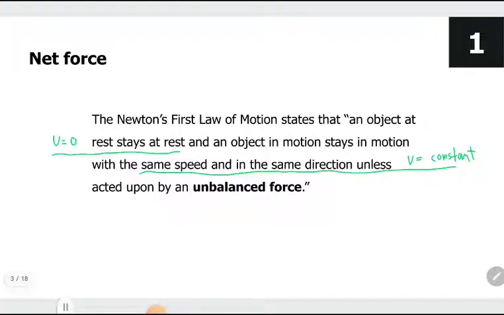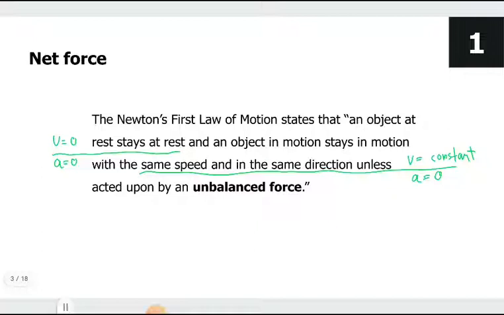When a velocity is constant, it's not changing. That means we don't have any acceleration. Acceleration is zero. Of course, if the object is not moving, it is at rest, its velocity remains to be zero for a time. Acceleration is also zero since the velocity is not changing as well.